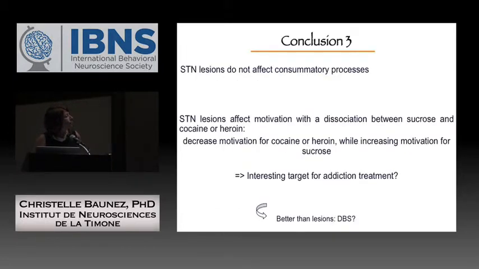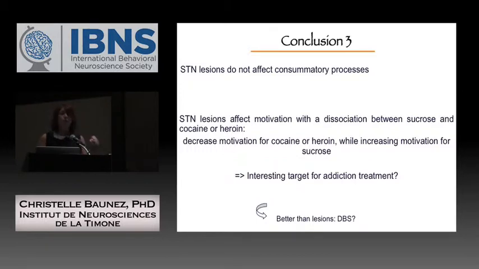You haven't seen it, but you can believe me, STN lesions do not affect consummatory processes, and that's really important for our conclusions. But they affect motivation with a dissociation between sucrose and cocaine or heroin, by decreasing motivation for the drugs while increasing motivation for sucrose.